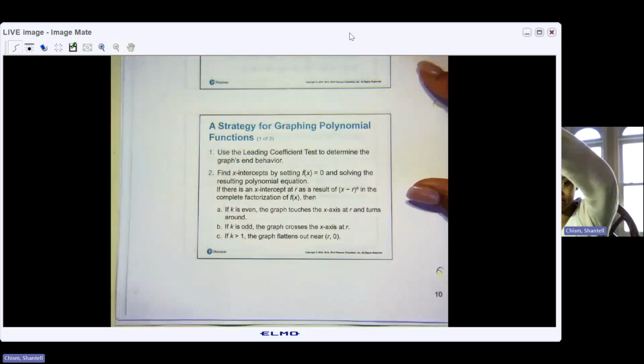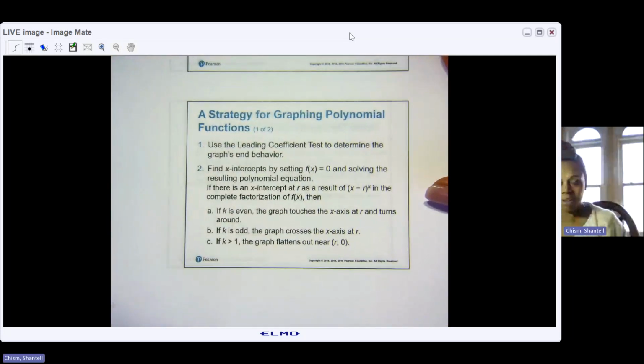So here we are. I'm going to zoom in a bit. I briefly went over this a little bit on Tuesday, but here we are just looking at some different characteristics, some different things that we studied in class: leading coefficient tests, finding x-intercepts, which is basically finding the zeros, determining the multiplicity, what's happening at those zeros.